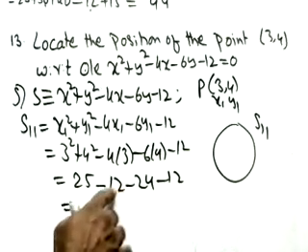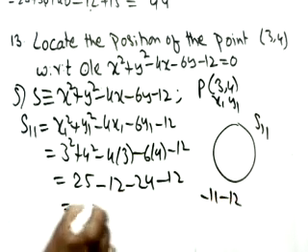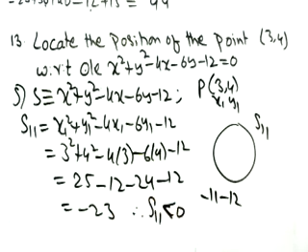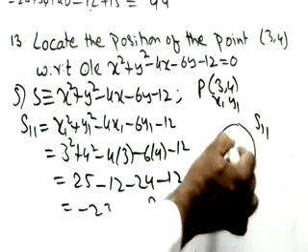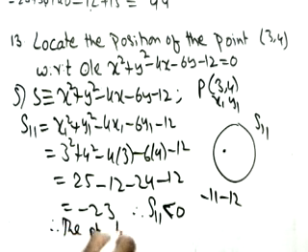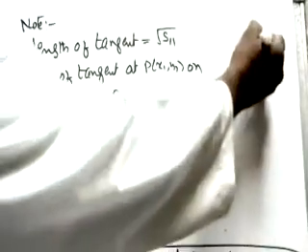So I think we are getting a negative value. 25 minus 12 is 13, minus 24 is minus 11, minus 12 is minus 23. So S11 is less than 0. That means the point lies inside the circle. Therefore, the point lies inside the circle.